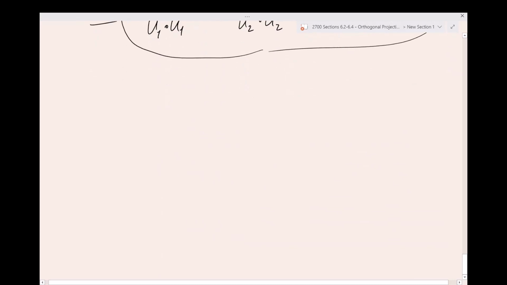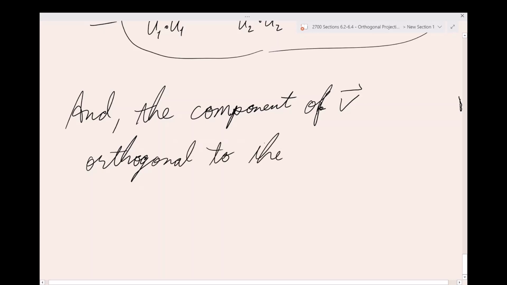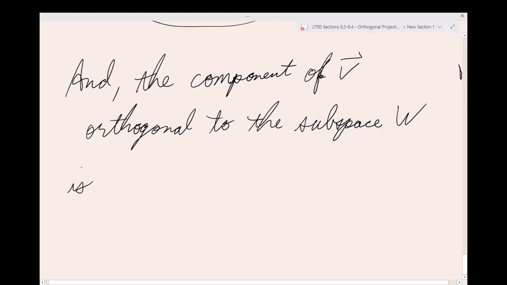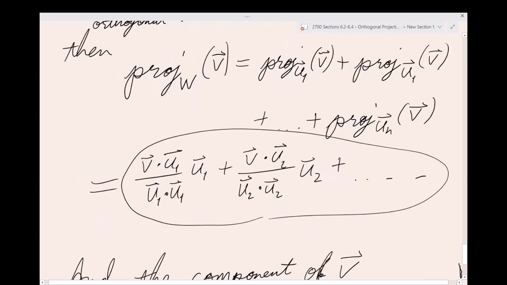So let's make a note: the component of v orthogonal to the subspace W is, now remember what we did, we took v and then minus its projection onto that subspace.